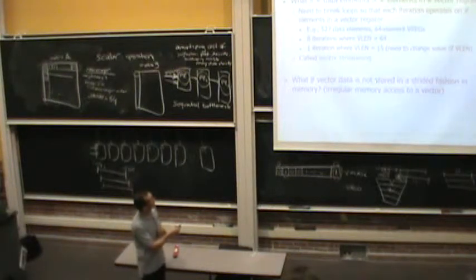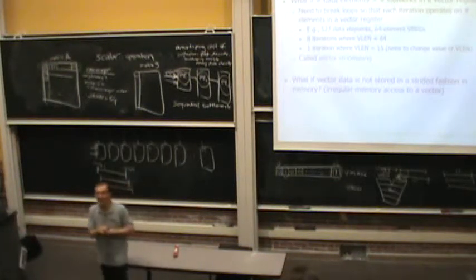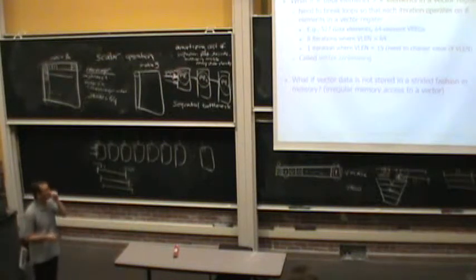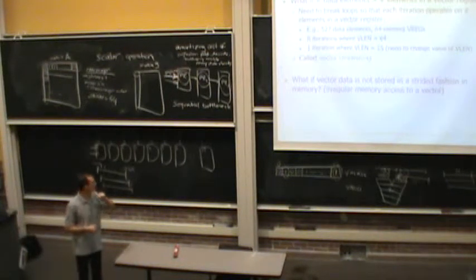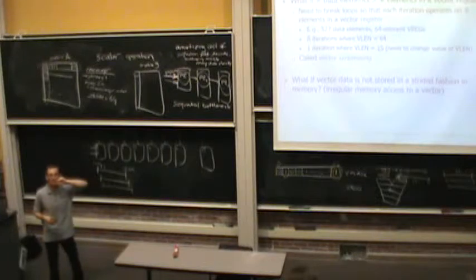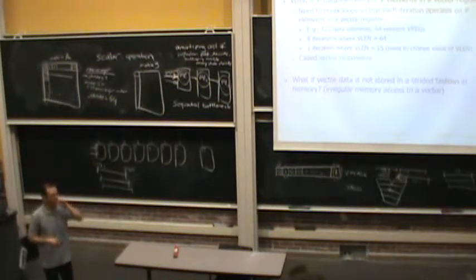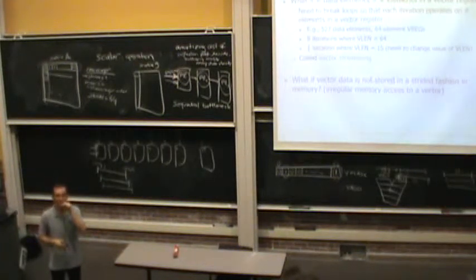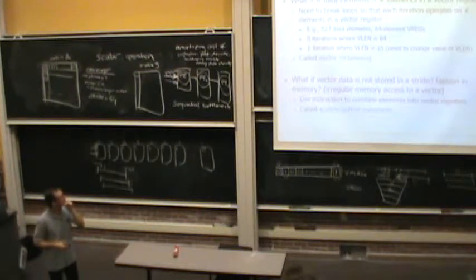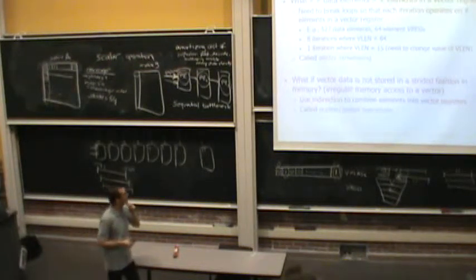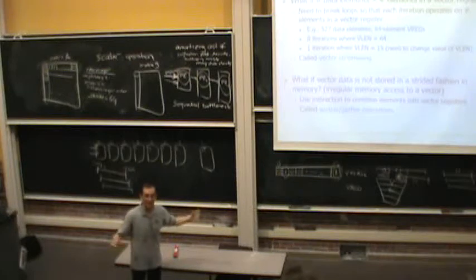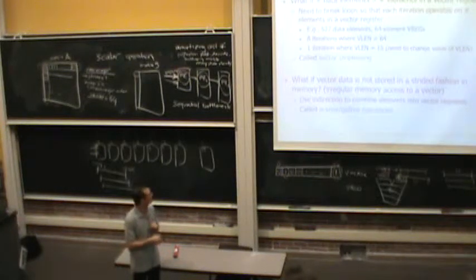Okay, what if your vector data is not stored in a strided fashion in memory? Let's try to make this a little bit more general purpose. What if your matrix was a sparse matrix, for example? You had a lot of zeros and you don't want to store the zeros. Well, a lot of vector processors use indirection to combine elements into vector registers.